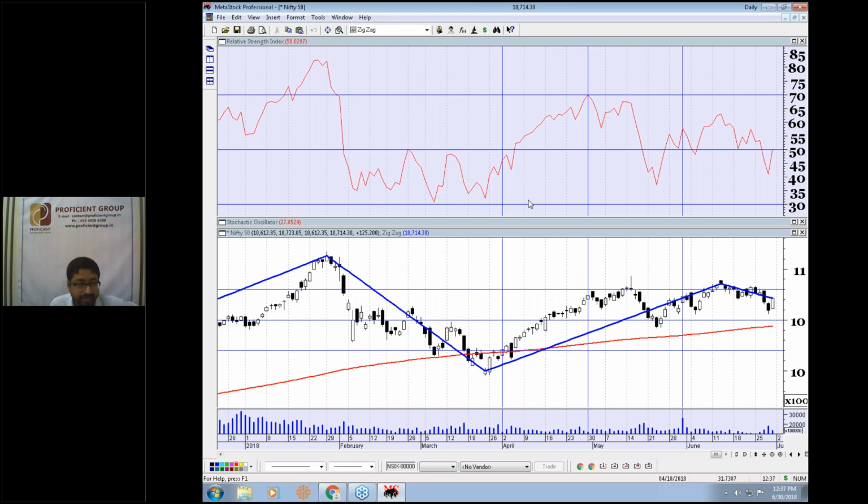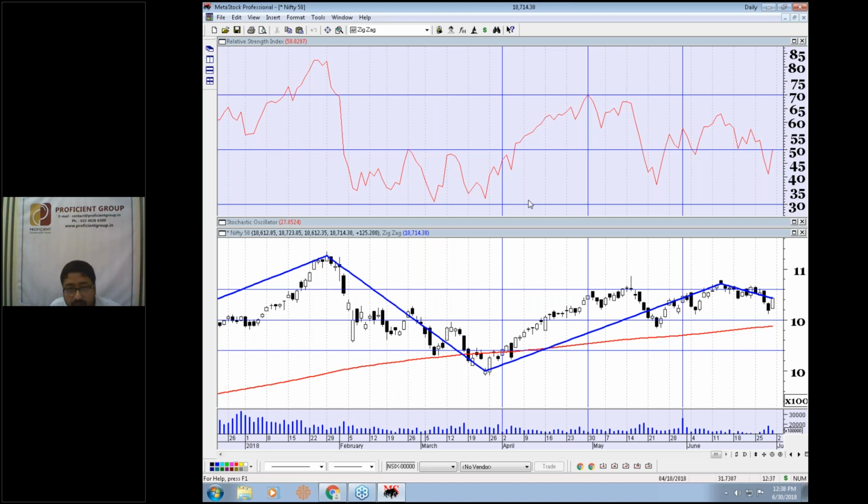And I'm using RSI as a trend identifying indicator, and this is doing quite well as a trend identifier, and this is again going in conformity with the Dow theory. So these are the auxiliary oscillators that we can take help of in finding the direction of the primary trend.